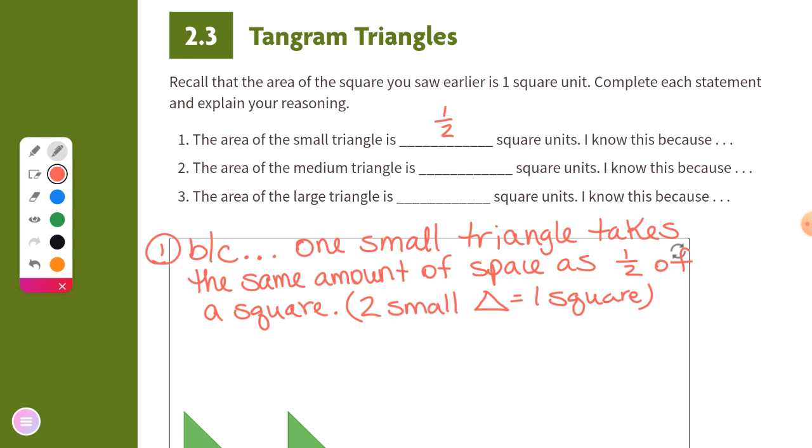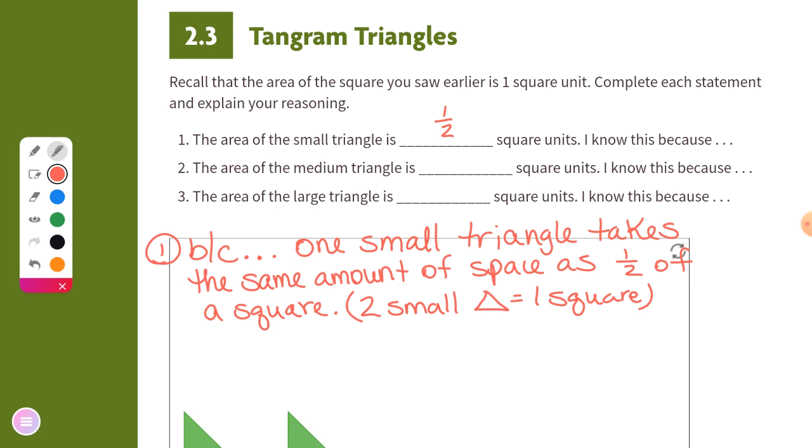If you had something similar to that, your answer is probably okay, but see if there's anything you need to add to make it better. Now we can add to our reasoning that a small triangle is 1/2. Now that we have said it's 1/2 and explained why, we can use the small triangle in our explanations.